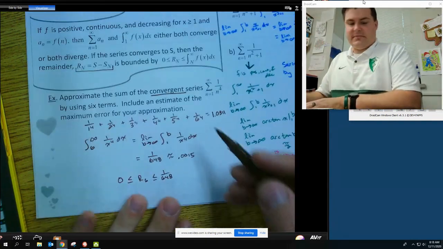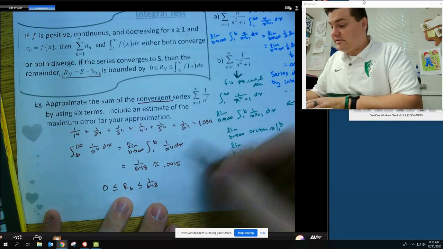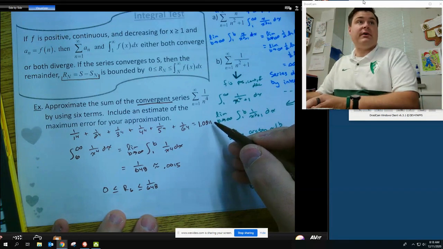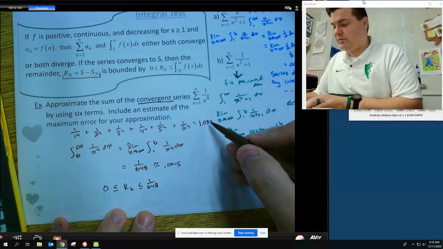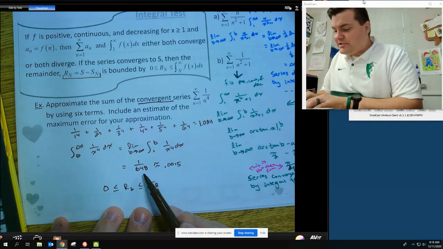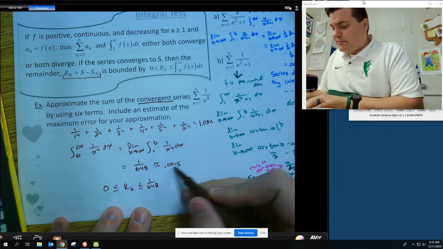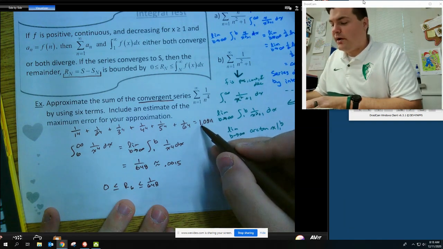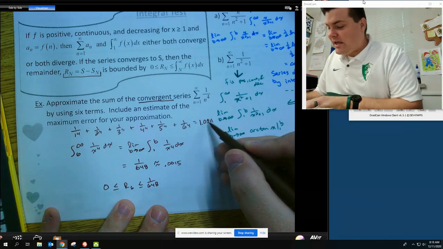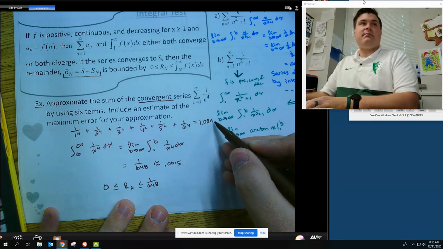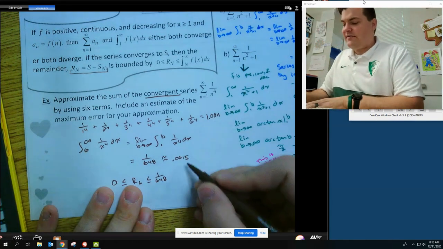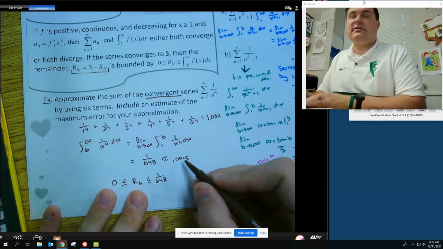At the most, this series could be 1.0826. It's not, because we're going to keep adding more and more terms, but at most it's going to go up to that, 0.0015 more. So somewhere in between is what the series converges to.